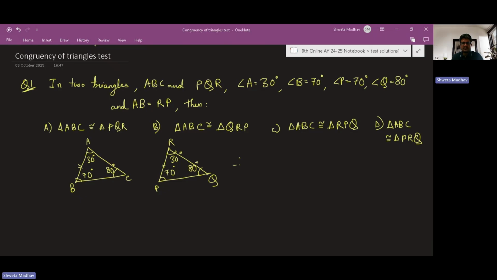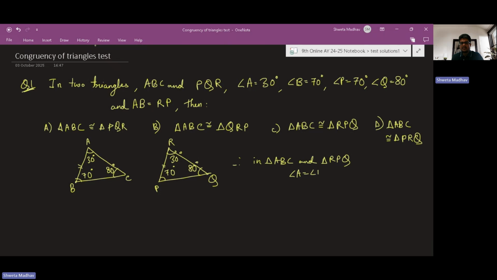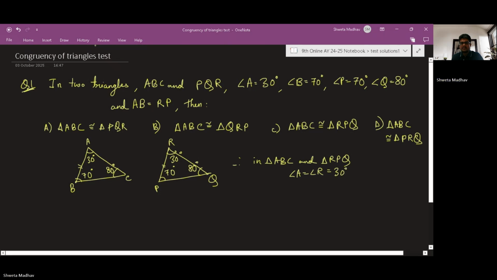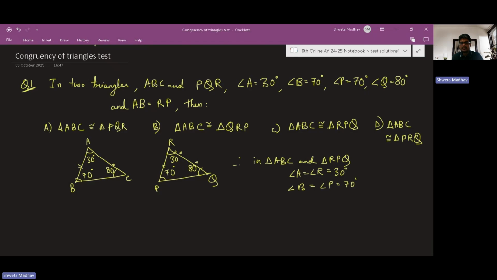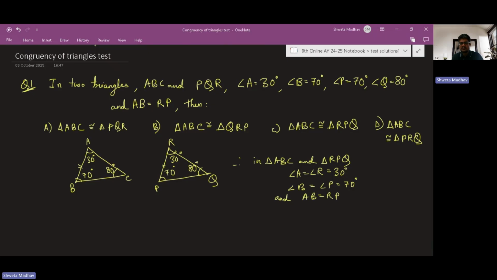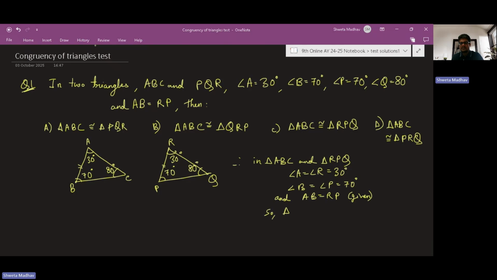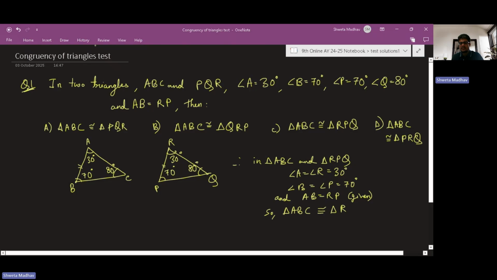Therefore, in triangle ABC and triangle RPQ, angle A equals angle R, which is equal to 30 degrees, and angle B equals angle P, that is equal to 70 degrees. And AB is equal to RP, which is given. So therefore triangle ABC is congruent to triangle RPQ.